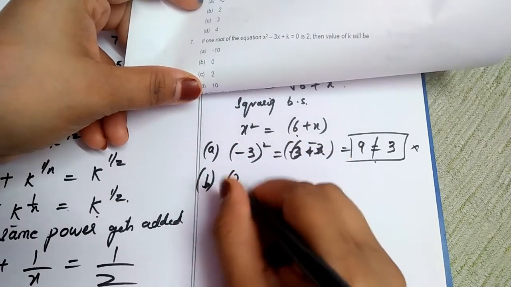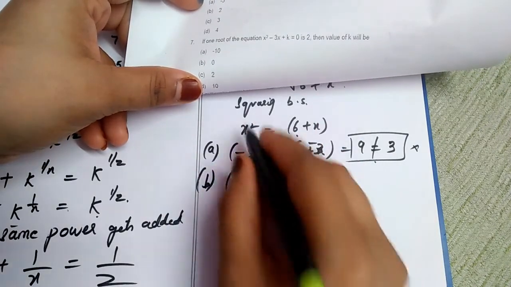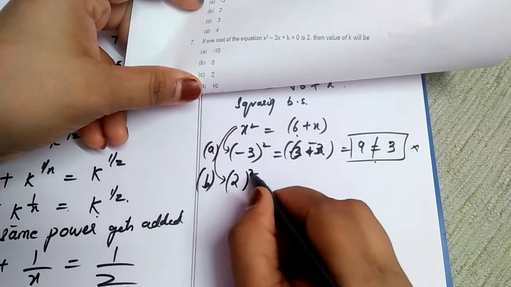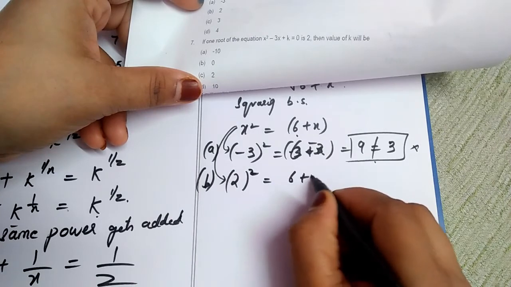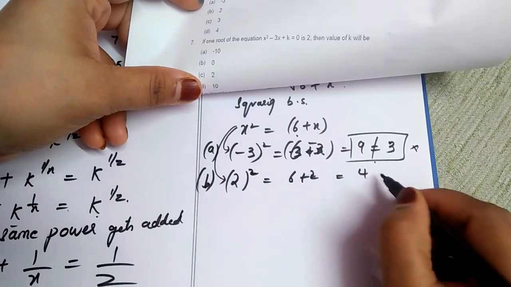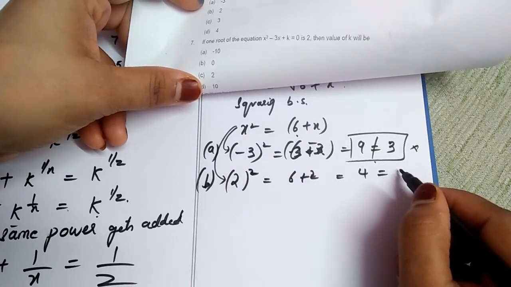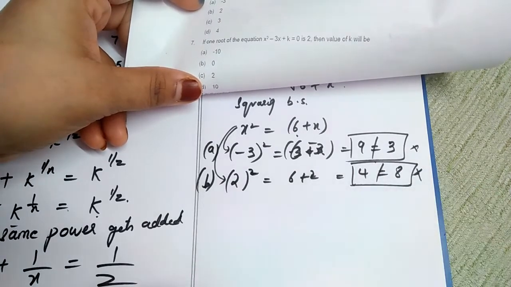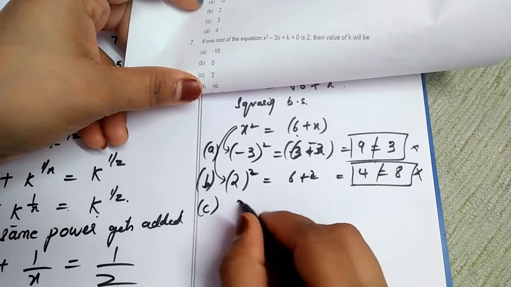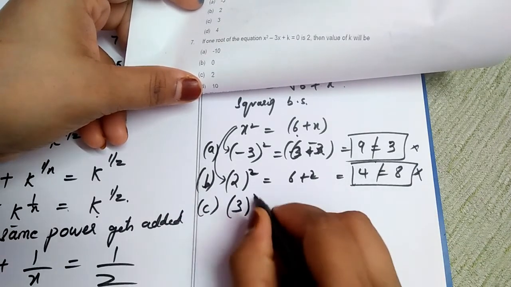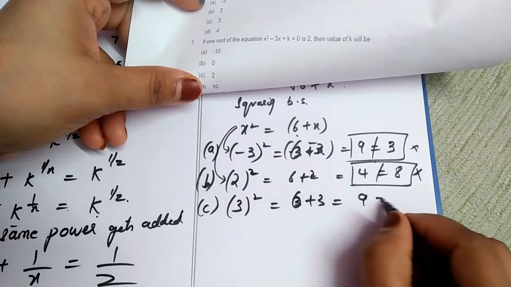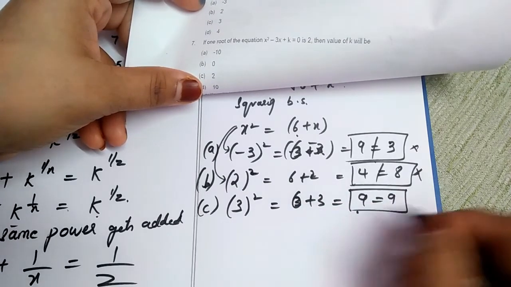In place of x, let's take 2: 2 square is 4, and 6 plus 2 is 8. Are they equal? No. So B is also not for us. C, let's see 3. Is 3 square equal to 6 plus 3? 3 square is 9, 6 plus 3 is 9. It is equal? Yes. So option C is our answer.